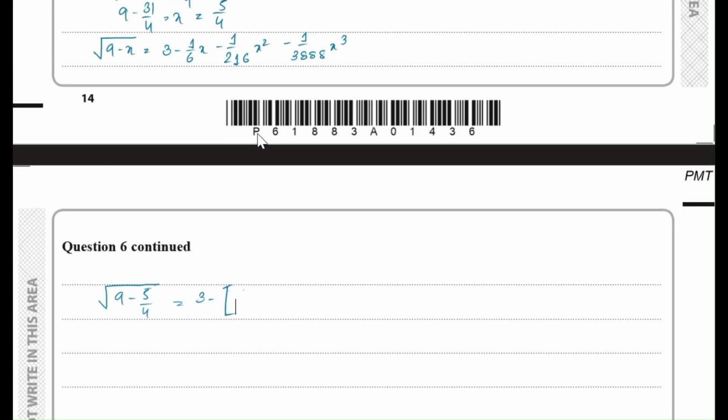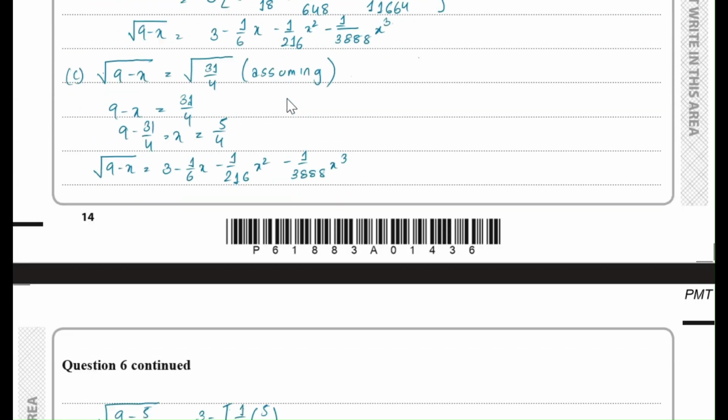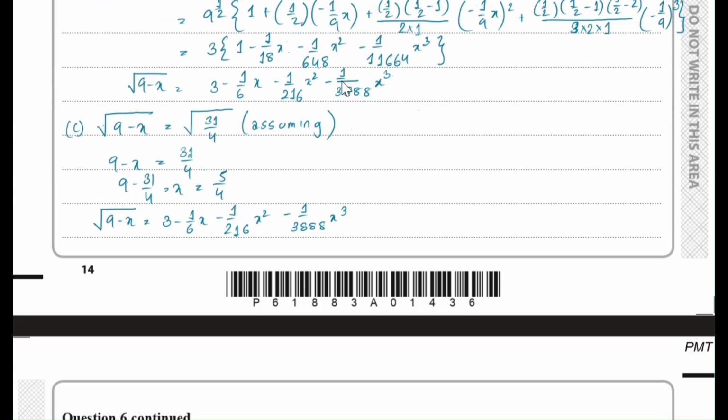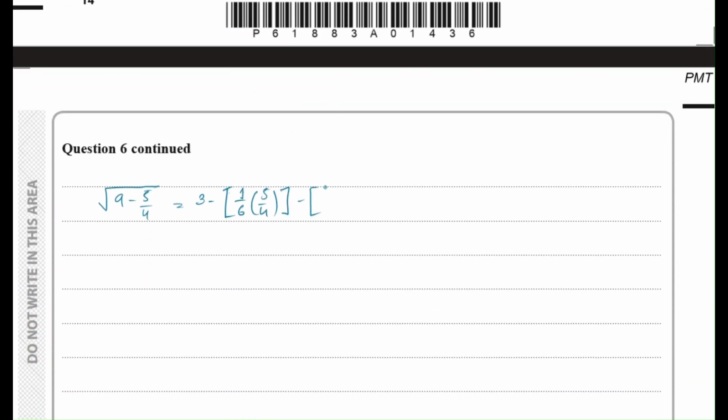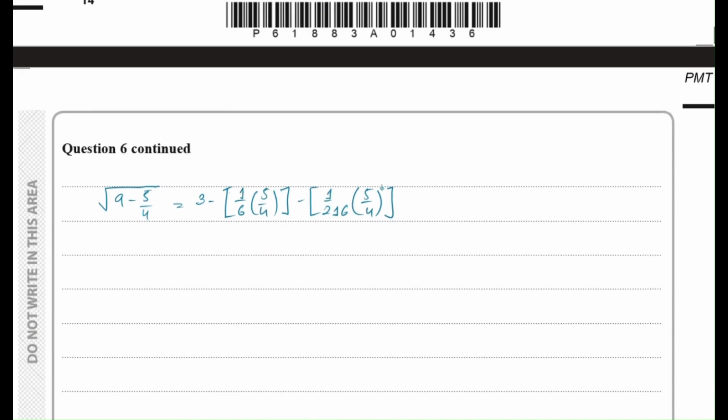So minus 1 by 6x, and it would be 5 by 4, minus 1 by 216, this would be 5 by 4 x squared.